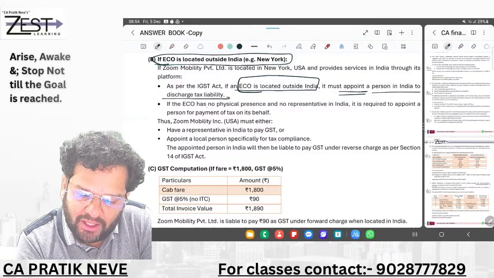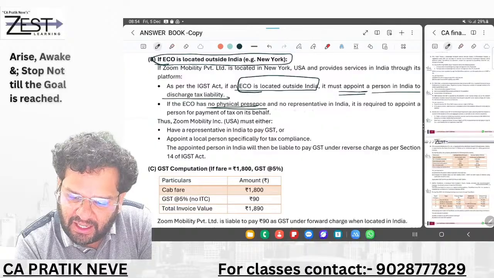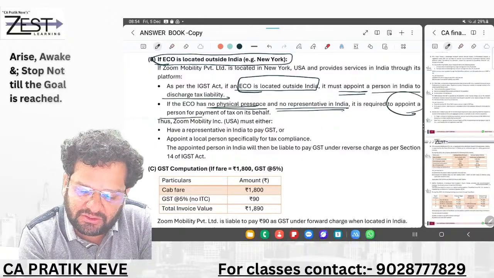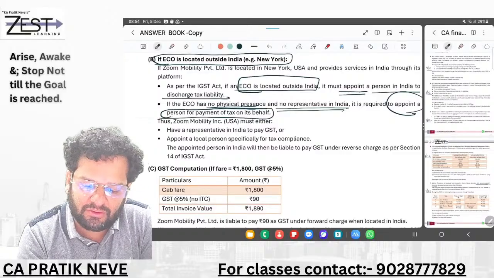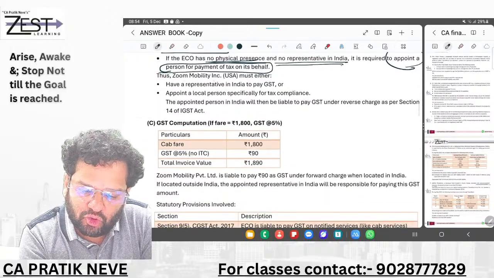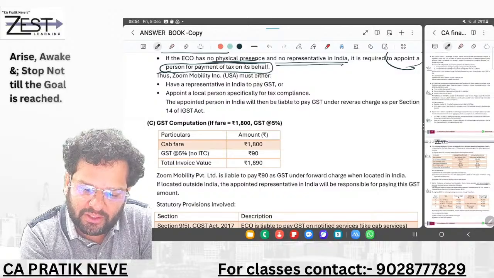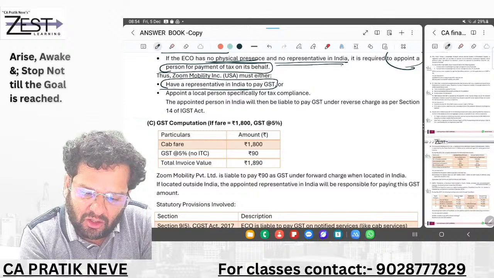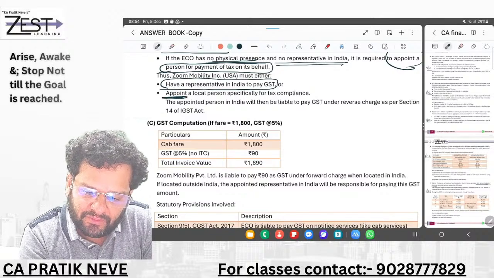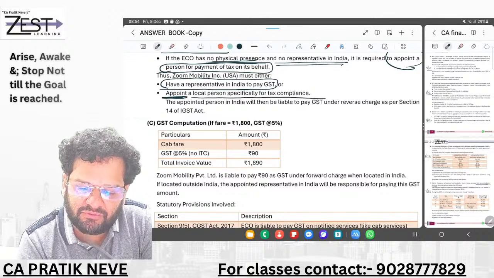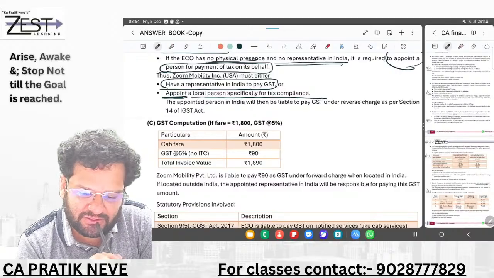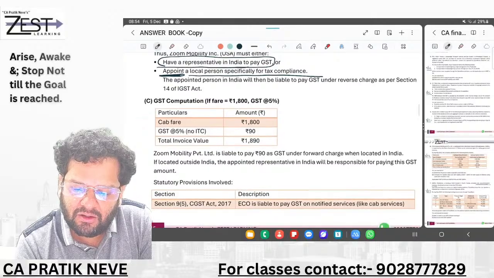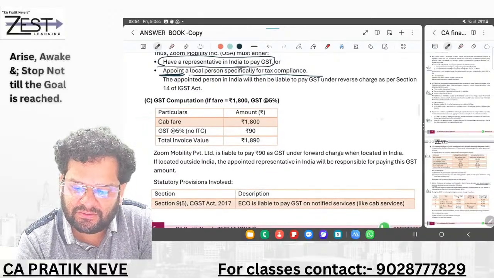If the ECO has no physical presence and no representative in India, it is required to appoint a person for payment of tax on its behalf. Thus, Zoom Mobility Inc. USA must either have a representative in India to pay GST or appoint a local person specifically for tax compliance. Clear? The appointed person in India will then be liable to pay GST. Clear?